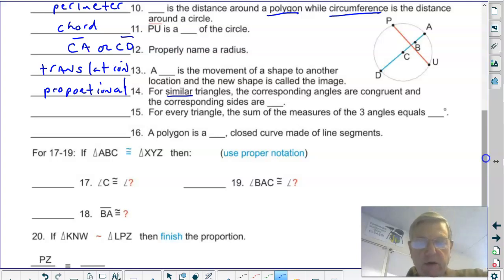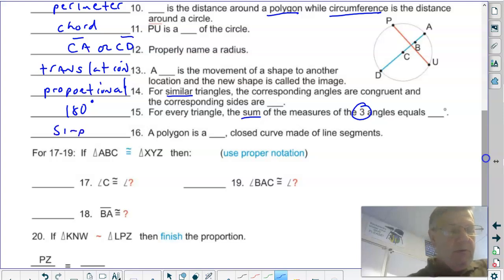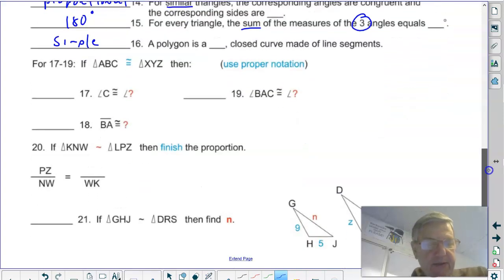Number 15, for every triangle, the sum, adding up the measures of the 3 interior angles, is 180 degrees. 16, a polygon is a simple, meaning nothing intersects itself, closed, meaning it's not open, curve made of line segments. That's the definition of polygon. Simple, closed curve made up of line segments.